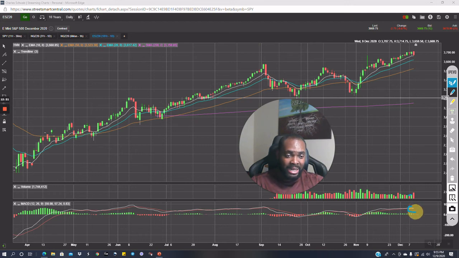When we look at the MACD, we've seen a cross. MACD is a bit extended to the upside, so this is an indicator that we're coming down. The histogram has only a little bit to flip over into the red. So that's how we use that indicator to spot what is going on and what the market is going to do next.